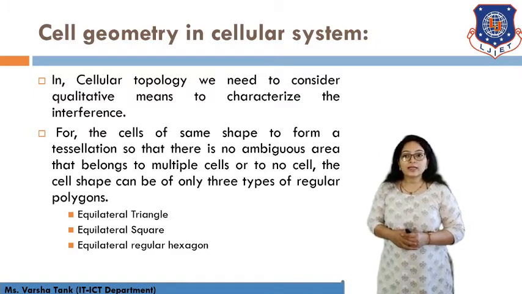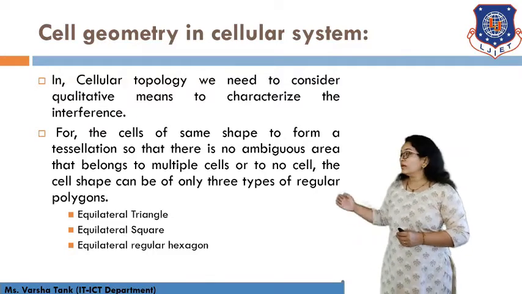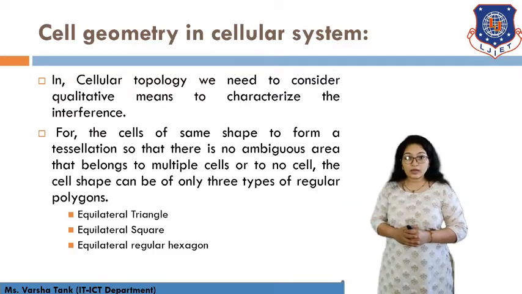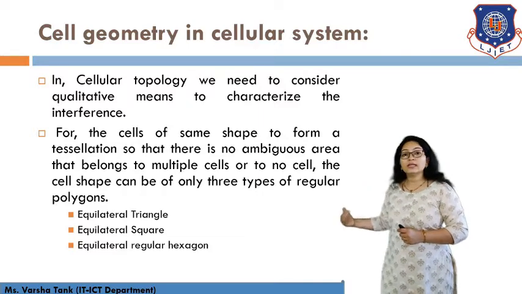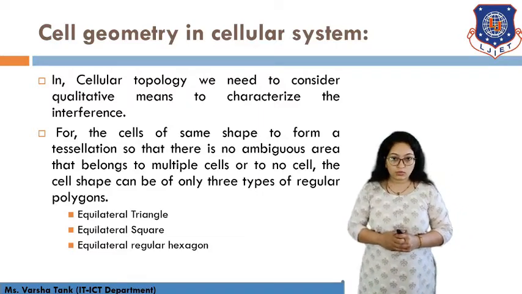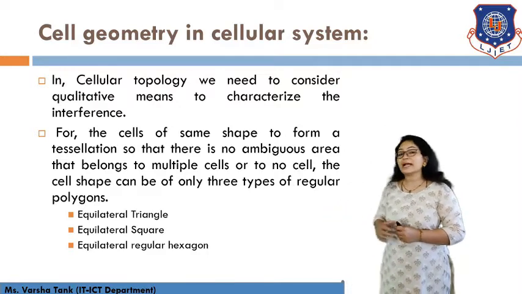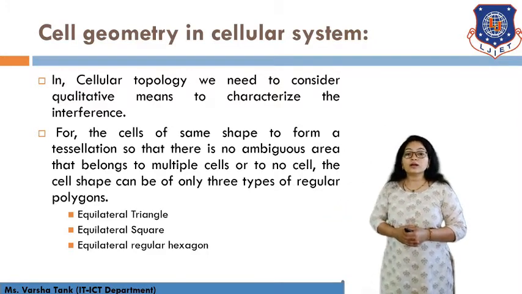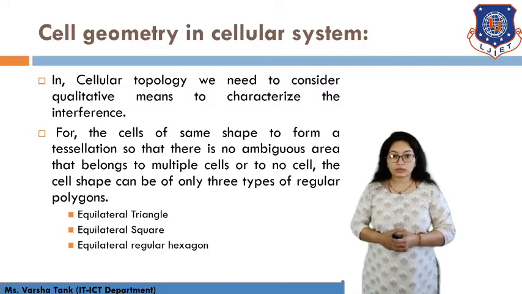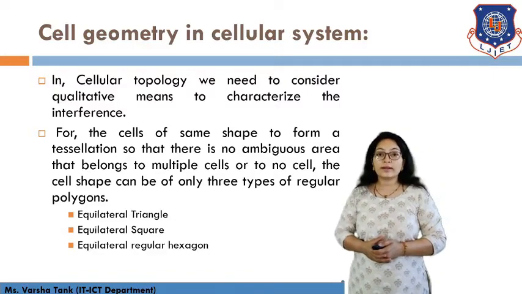The cell shapes can be an equilateral triangle, a square, or a regular hexagon. So which cell are we going to consider for this cell geometry? Why are we considering just a hexagonal cell? Let's have a look at this.